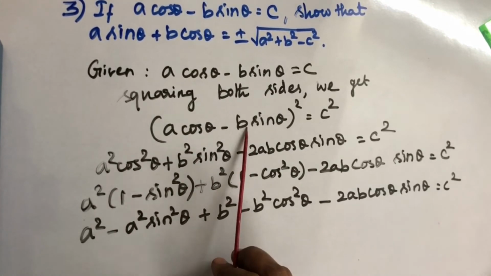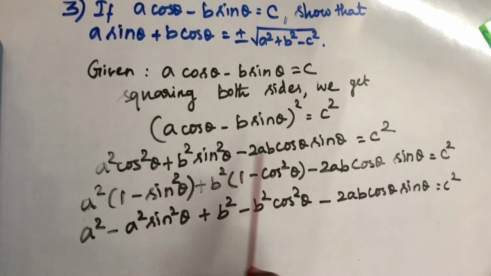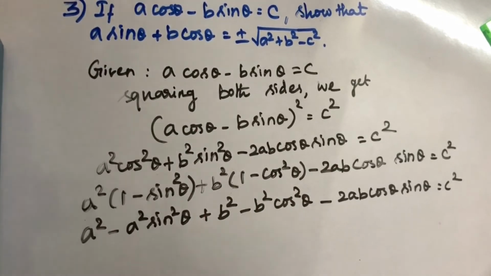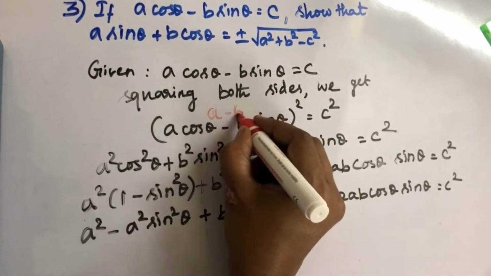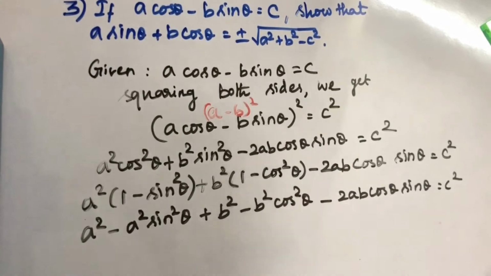In the place of B, we have B sin theta, so plus B square sin square theta minus 2AB cos theta sin theta. Using that identity, we are expanding it here. It is equal to C square.